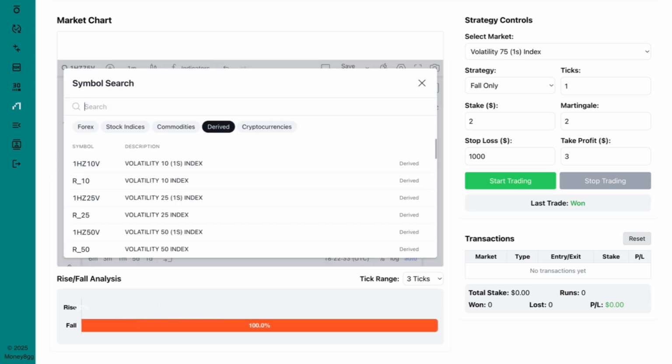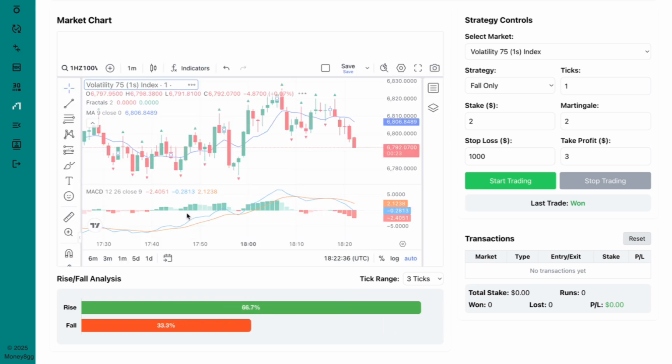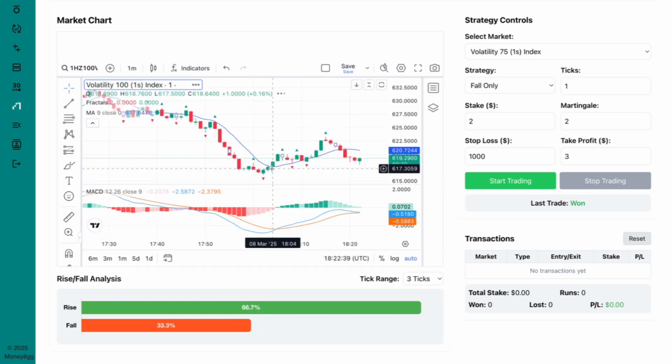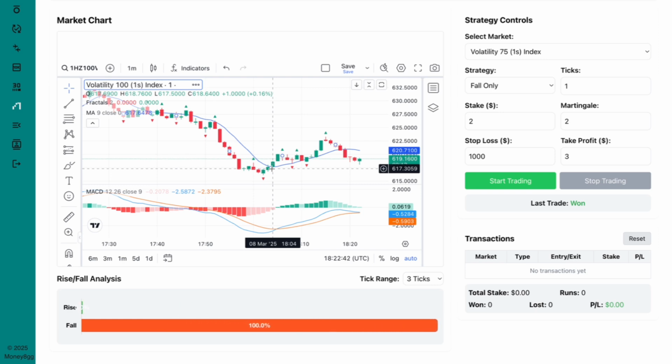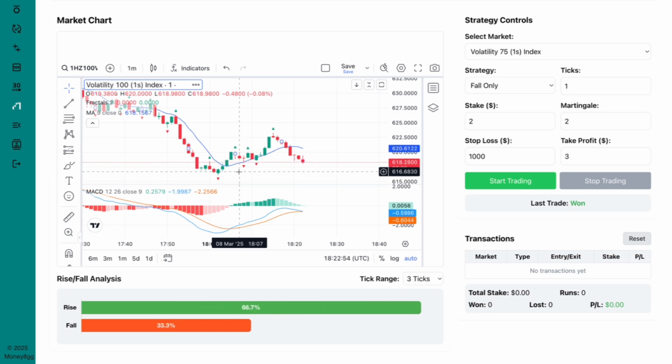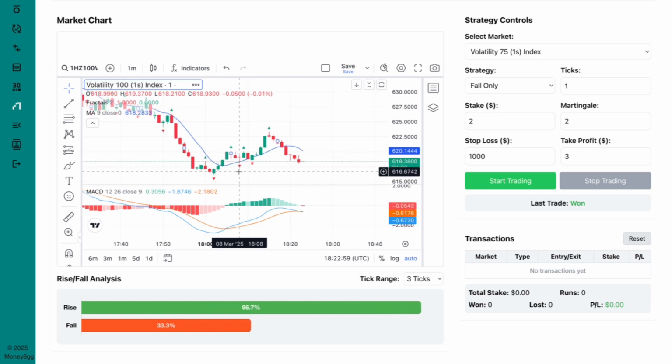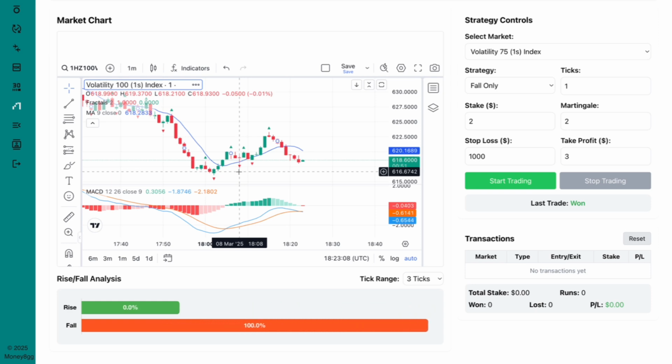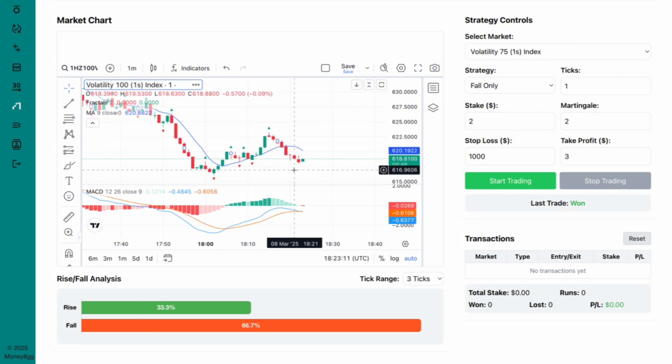So let's see. We can move to another market. 101S. We have not seen any trade from 101S. So let's see.